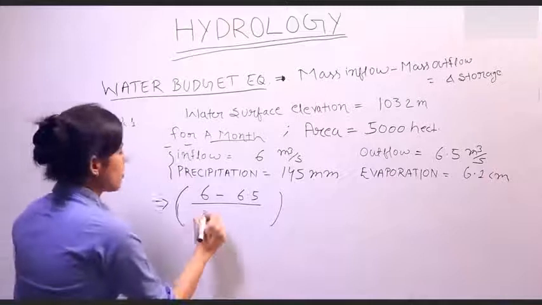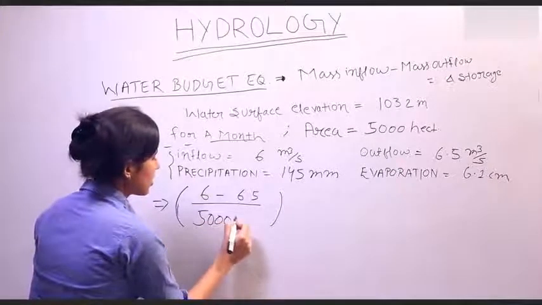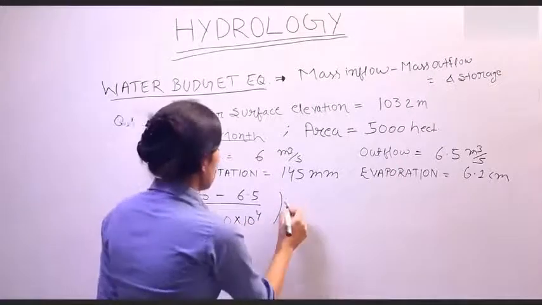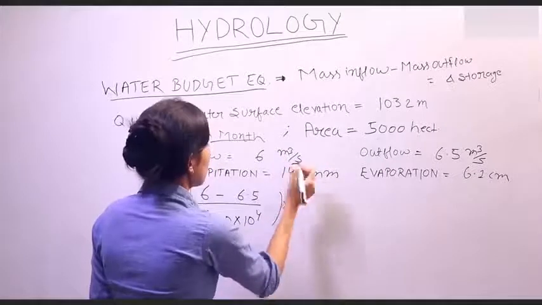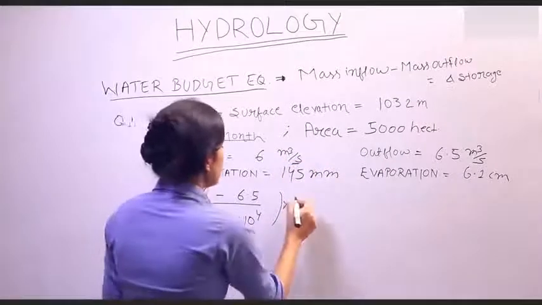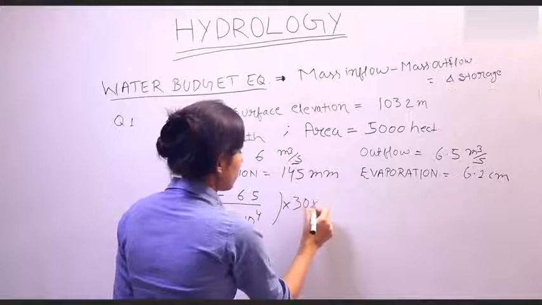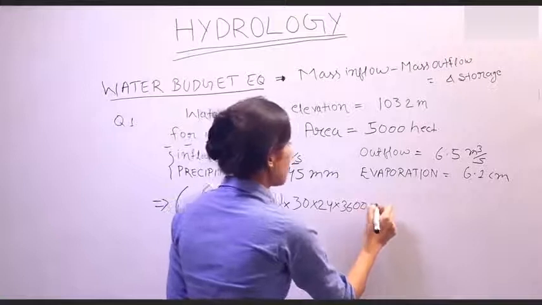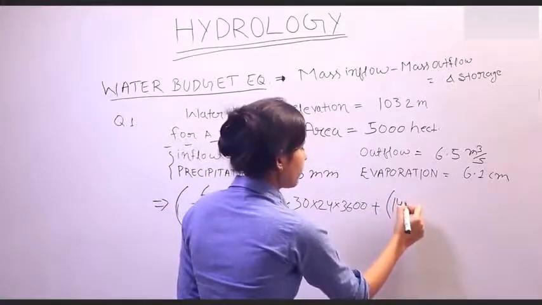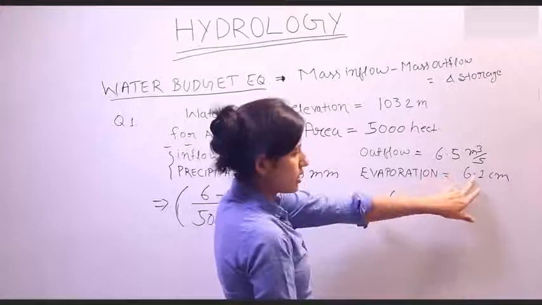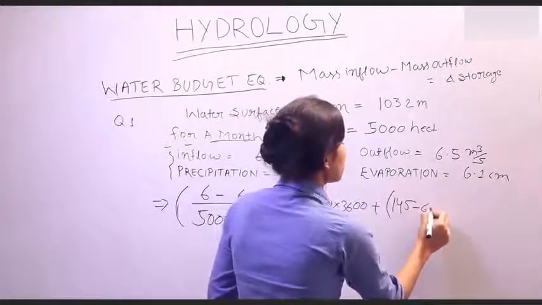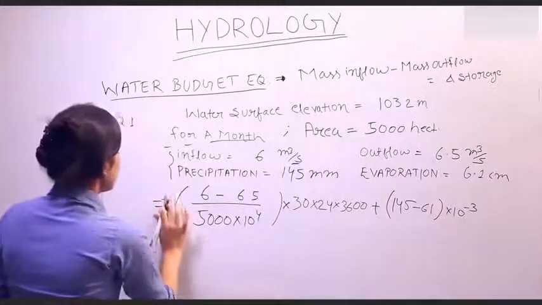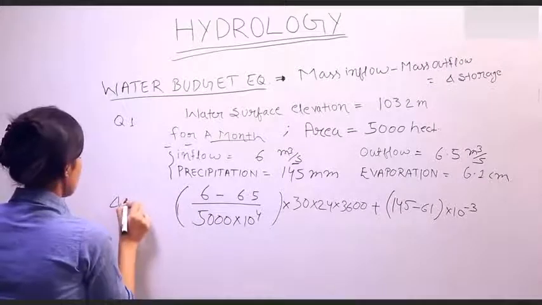So 6 minus 6.5 divided by 5000 hectares, that is 5000 into 10 to the power 4 meter square, and it is in seconds, and we are calculating it for a month. Then in a month, 30 days, 24 hours, 3600 seconds, plus precipitation is 145 mm, evaporation is 6.1 centimeter, that is 61 mm into 10 to the power minus 3. It will be equal to change in storage.